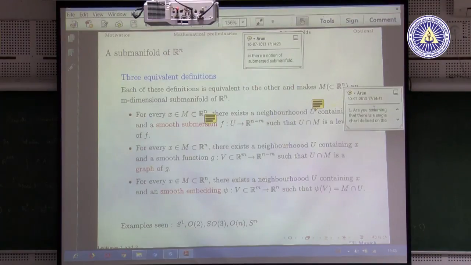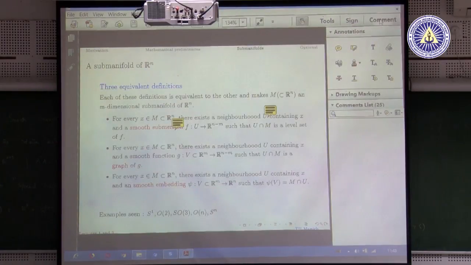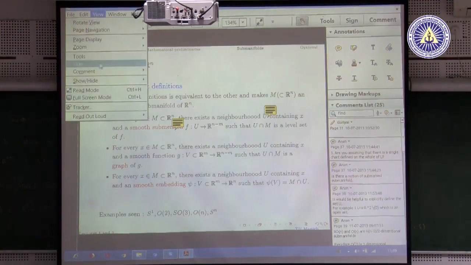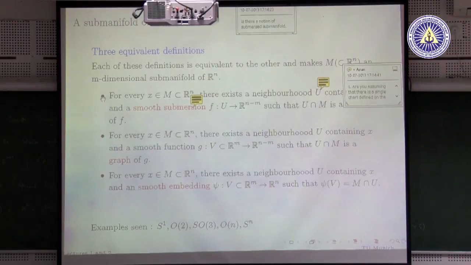Is there some comment option? Oh, but I cannot get it full screen again. I think it will not go like this. Anyway, let us not worry about it too much.